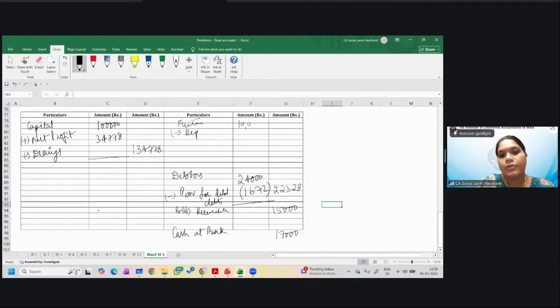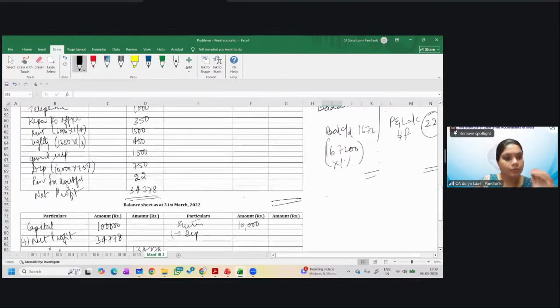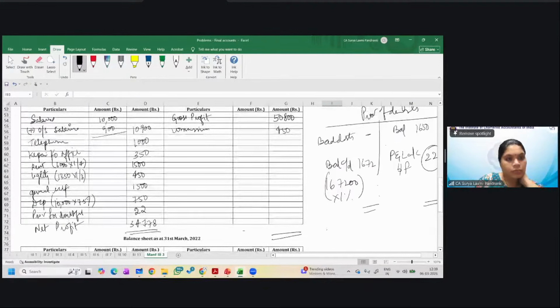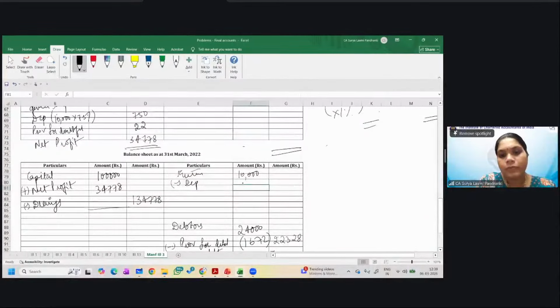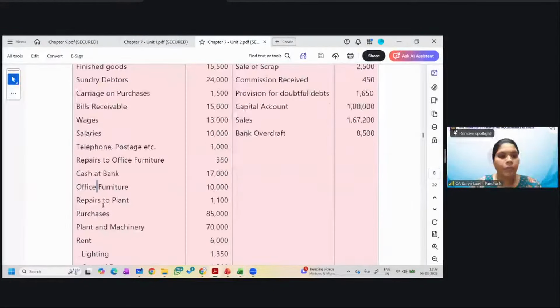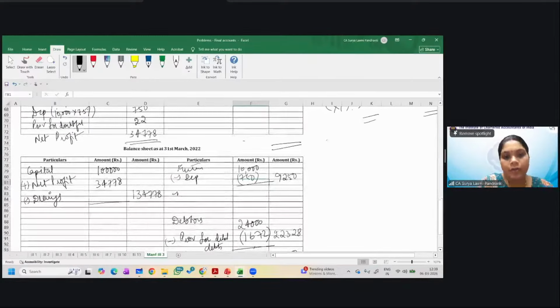Furniture is 10,000. What is the depreciation value of furniture? We wrote it somewhere. 750. So final value is 9,250. Then repairs to plant is done. Purchase is done. Plant and machinery. Okay.